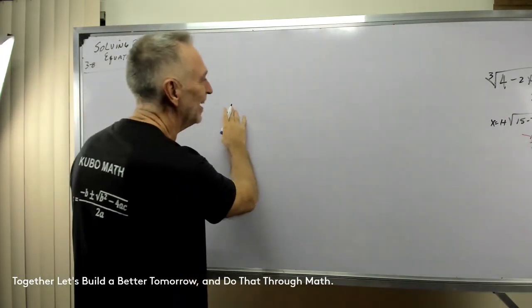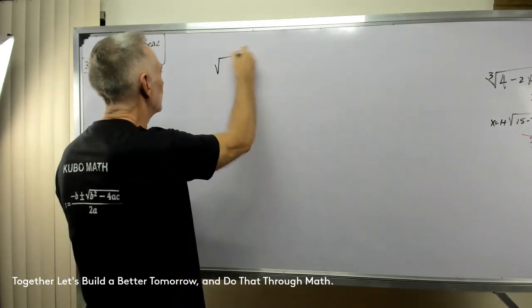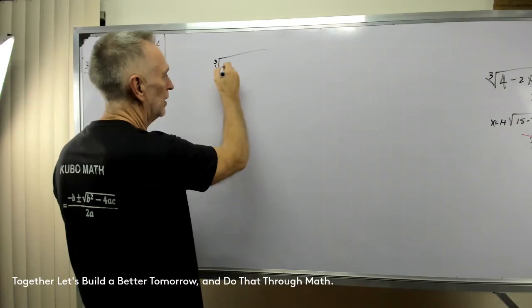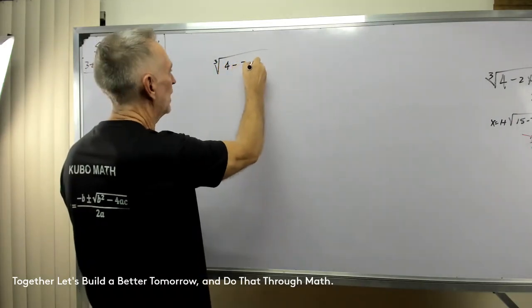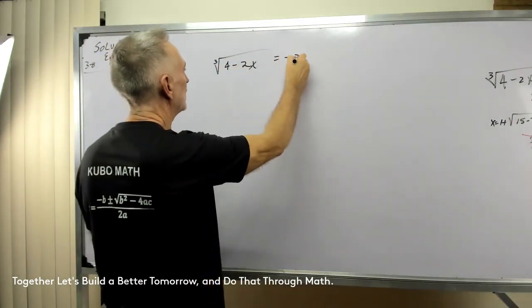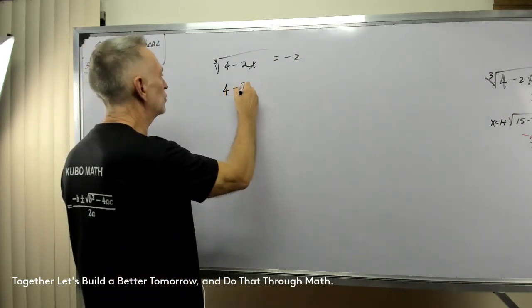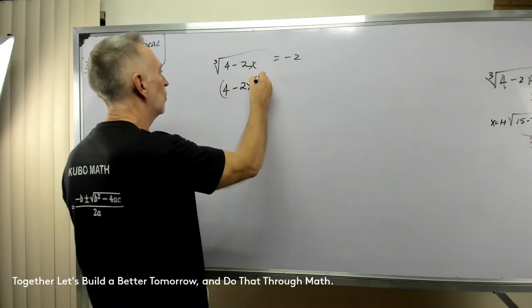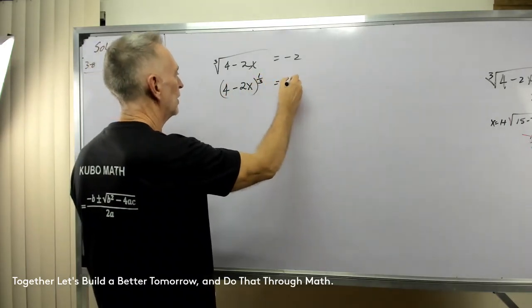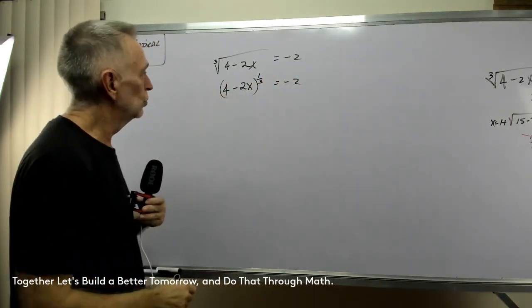All right, so now this one we have the cube root of 4 minus 2x equals negative 2. The cube root, so this is 4 minus 2x to the 1/3 power equals negative 2.